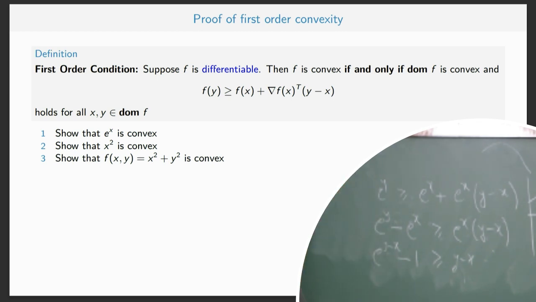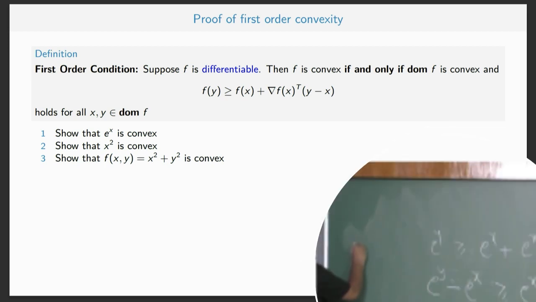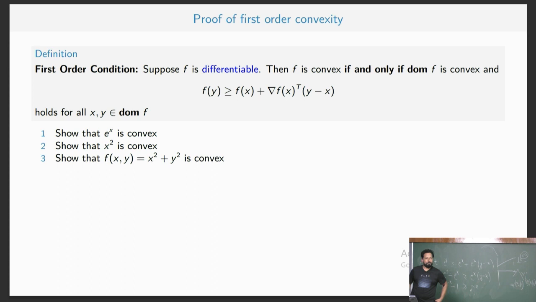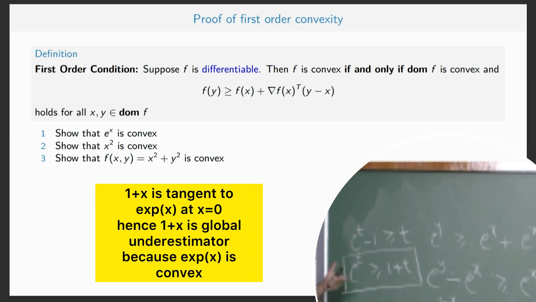It's true. How? Because y and x are arbitrary. So is it true in general that e to the t minus 1 is greater than or equal to t? Is it true that e to the t is greater than or equal to 1 plus t, and why? This is what you are supposed to prove: e to the t is greater than or equal to 1 plus t for all t. t could be negative also, because y minus x is arbitrary.